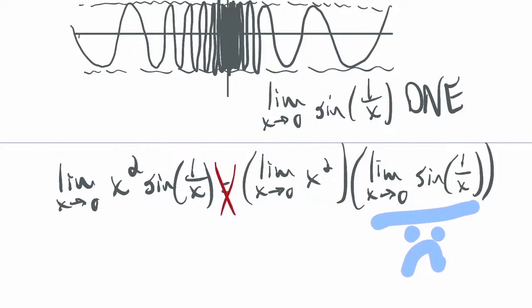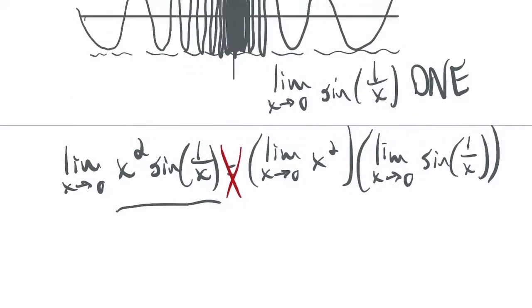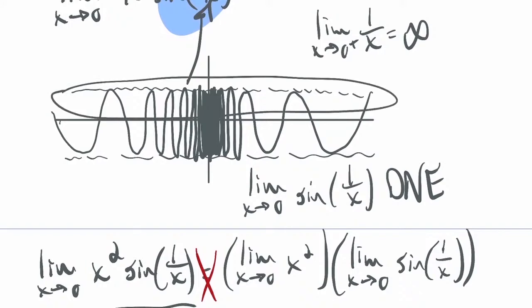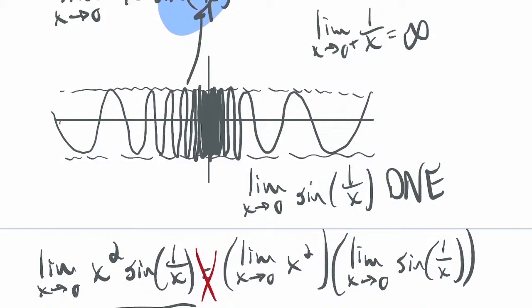So what do we do? Well, we're going to use the squeeze theorem. I want the limit of this function. Now I know the range of the sine function. I know, from the graph especially, that this is height level 1 and this is height level -1. The graph bounces between those two values, right?